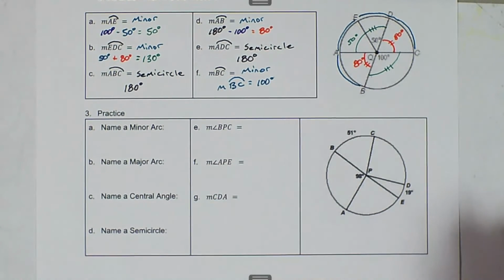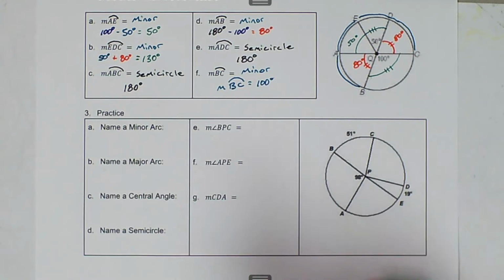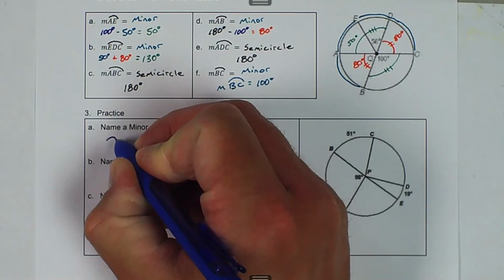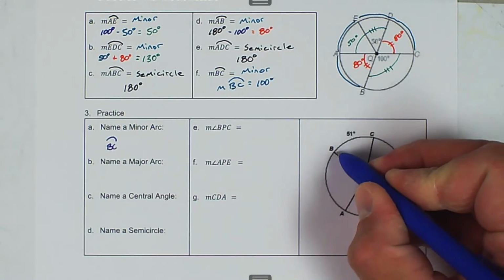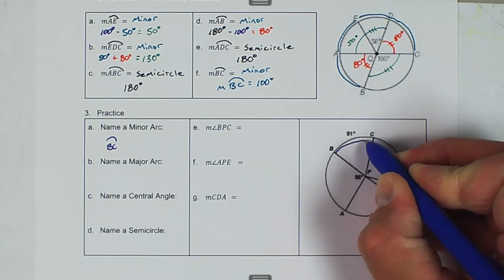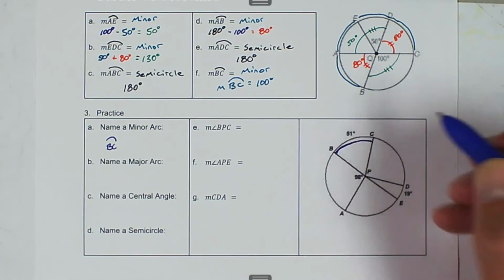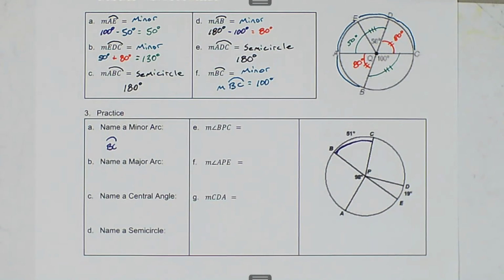A couple more to practice. Name any minor arc. One minor arc that we can name is going to be arc BC. BC is right here. So that's a minor arc because it is less than 180 degrees. Name a major arc.